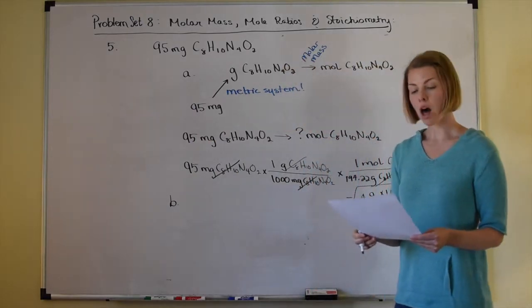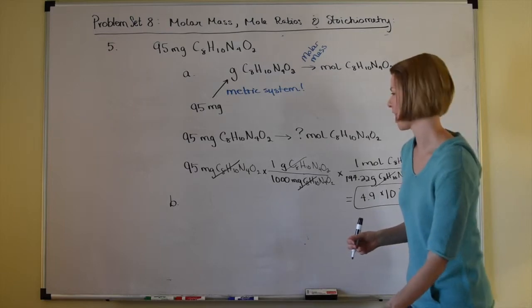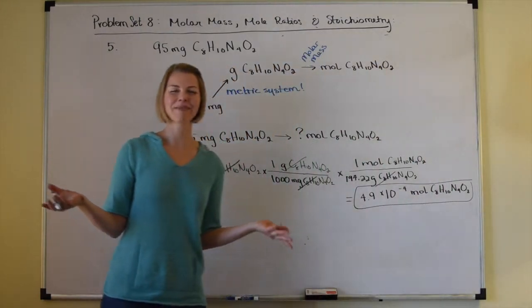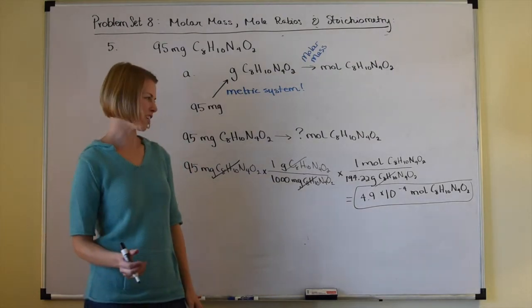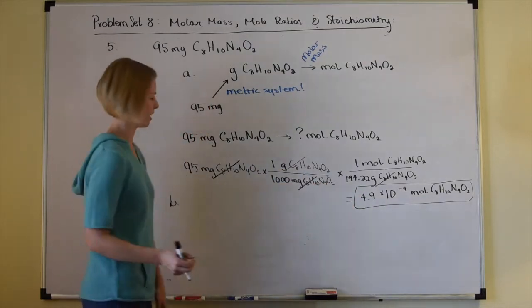How many molecules of caffeine are in a typical cup of coffee then? Well, if this had come out to be 1 mole, then it'd be easy. It'd be Avogadro's number, 6.022 times 10 to the 23rd molecules. But it didn't come out to be 1. It came out to be 4.9 times 10 to the negative 4.